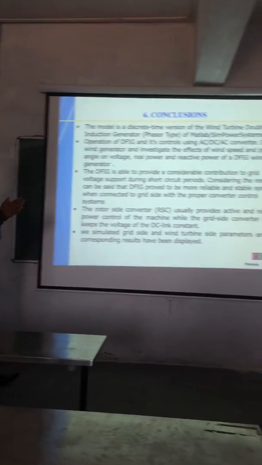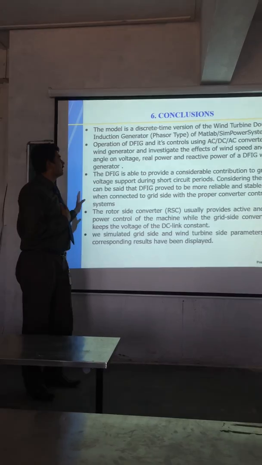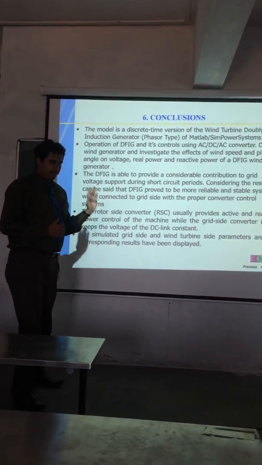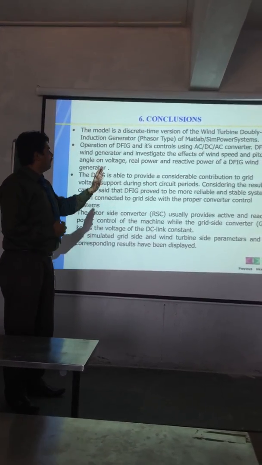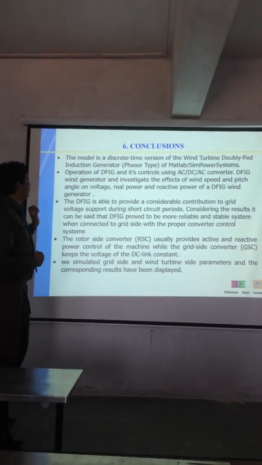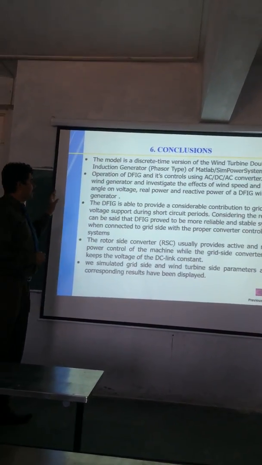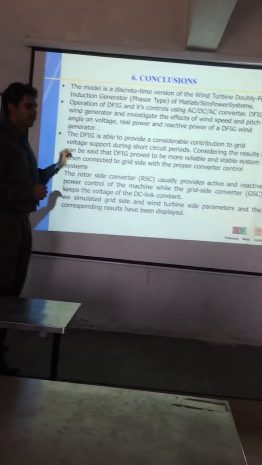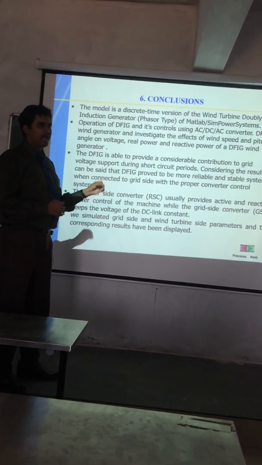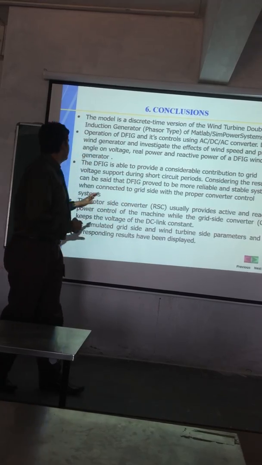Coming to the conclusion, this model is a discrete time variant model where the wind turbine induction generator is simplified by using MATLAB and simulating. Operation of the DFIG is controlled using AC to DC and DC to AC converters.